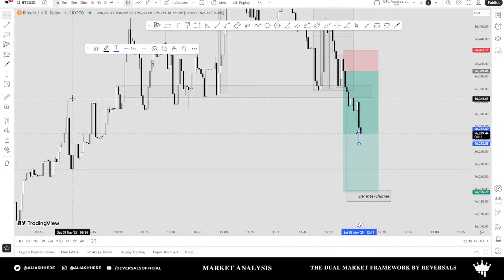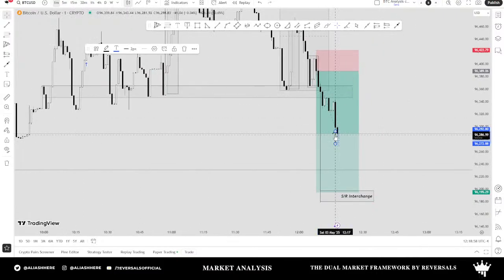These liquidities were absorbing, and we have this wick volume fill up. So that's why it was taking some time.